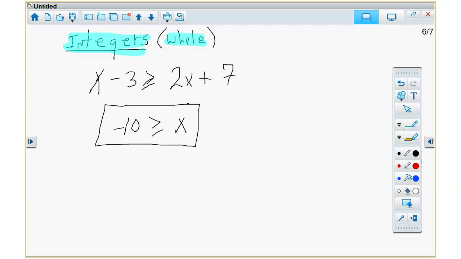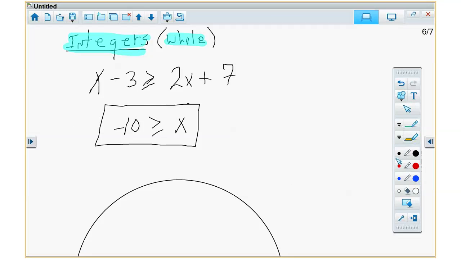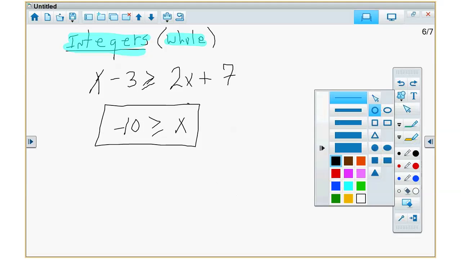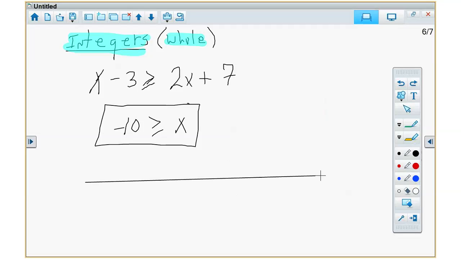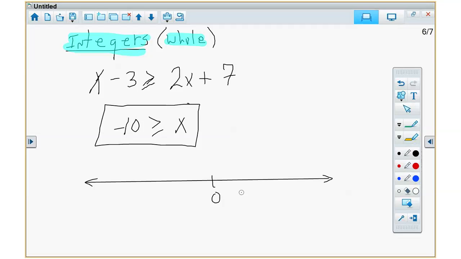Whole numbers, when you graph it, you can't graph the fractions.